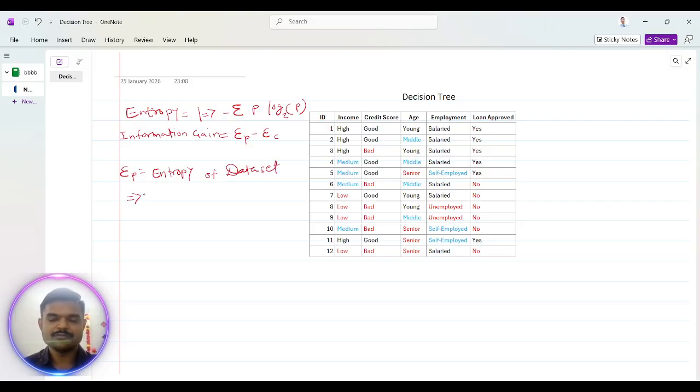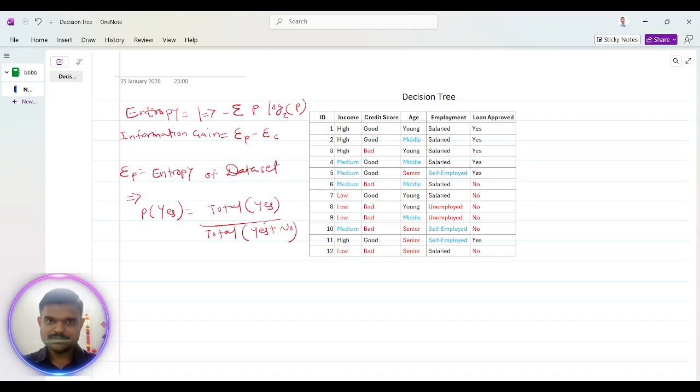What it is, we will see. Well, first of all, I have told you that entropy is minus summation of probability times log 2 of probability. Now we will calculate the probability of yes and the probability of no. So probability of yes is equal to total yes divided by total of yes plus no, whatever is present, yes, no or null.